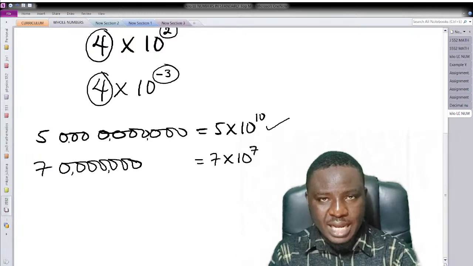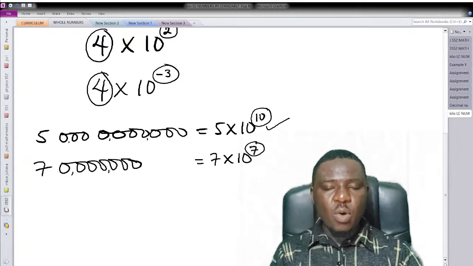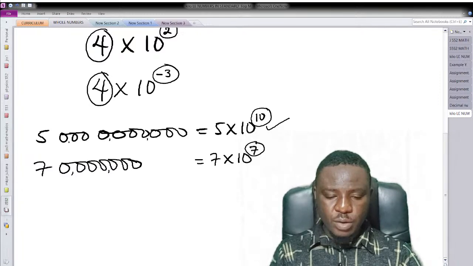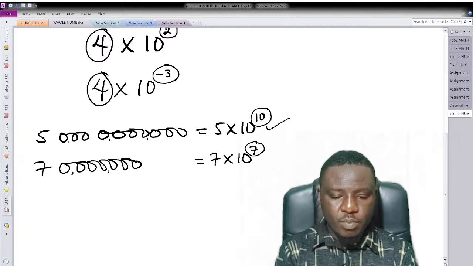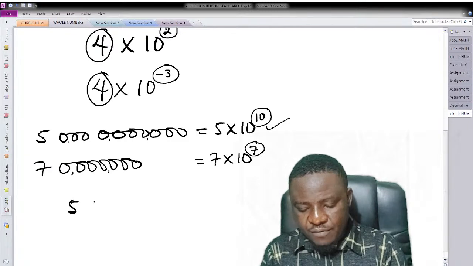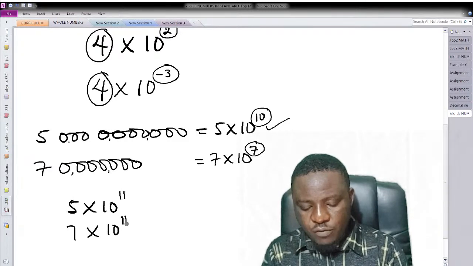Why or how did I get that? First of all, look at their powers. The one with the greater power is said to be of greater value. But what if both of them have the same powers of 10? For example, this becomes 5 times 10 raised to the power of 11, and we have 7 times 10 raised to the power of 11.